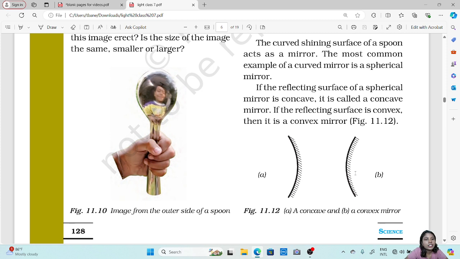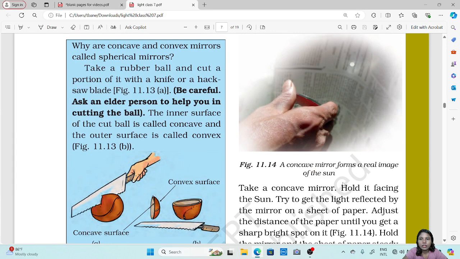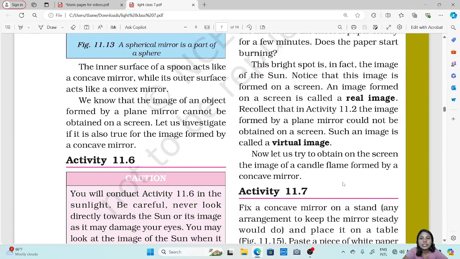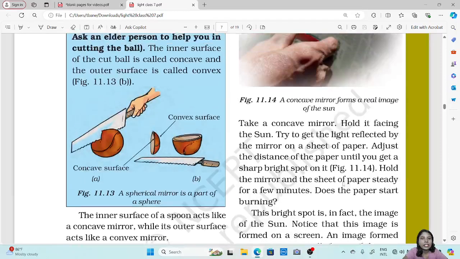If the reflecting surface is convex, then it is called a convex mirror. Convex is the outer side of the spoon, and concave is the inner side. The inner surface of a spoon acts like a concave mirror, while its outer surface acts as a convex mirror.